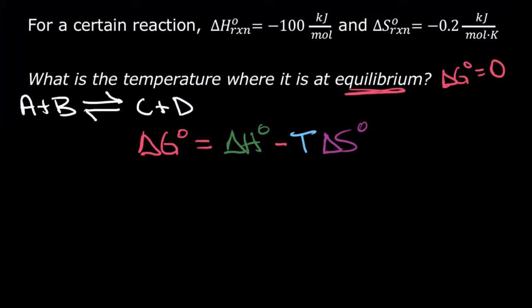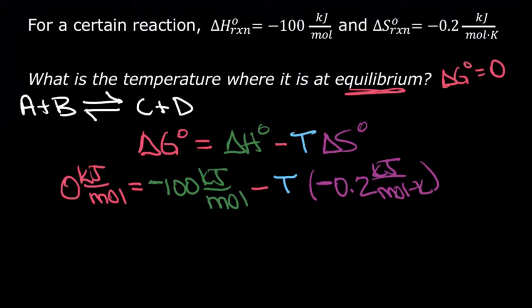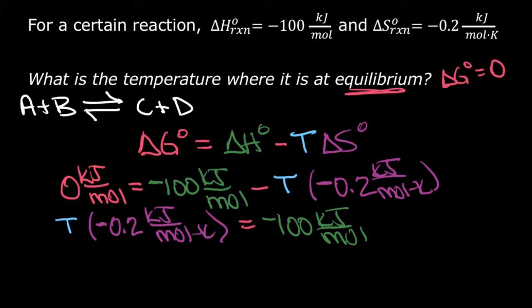So we'll put that in our equation, and we'll substitute in our delta H and delta S, because those don't change. Those are standard values. And now we just have to solve for T. We'll add T times negative 0.2 to both sides, and then we'll divide both sides by negative 0.2 kilojoules per mole Kelvin.